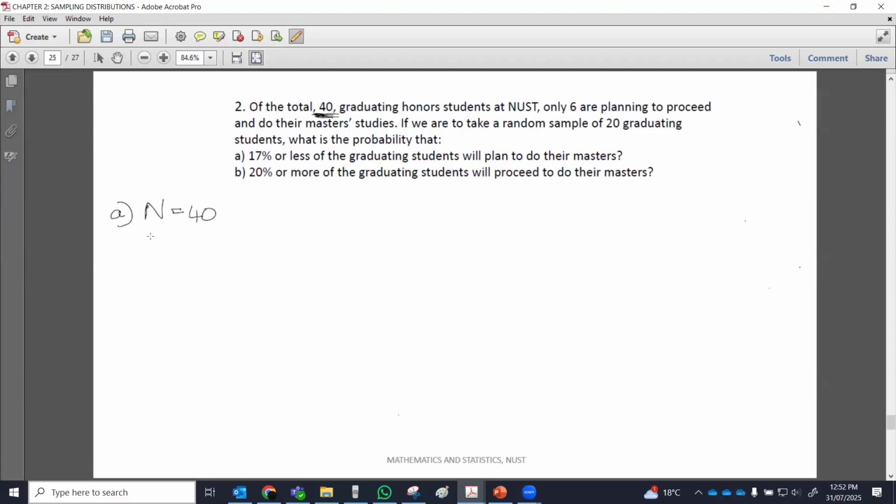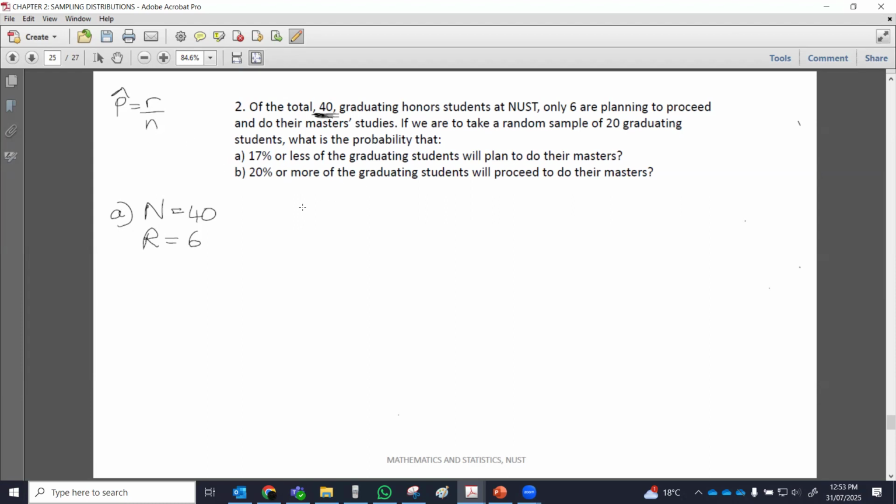So 6, this one we can call our big R. So this is 6. So remember the P hat, the formula was R over N. So here I'm just using big R to represent that this number comes from the population instead of small r, which comes from the sample.